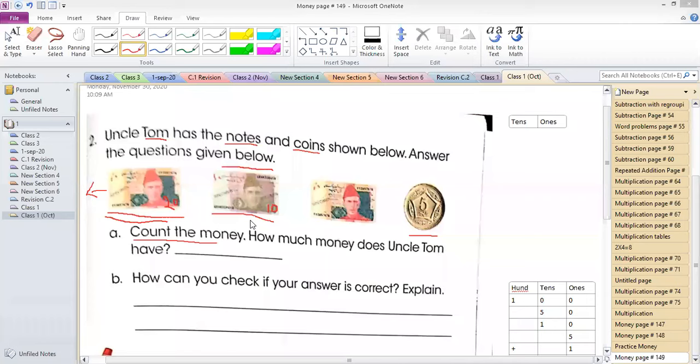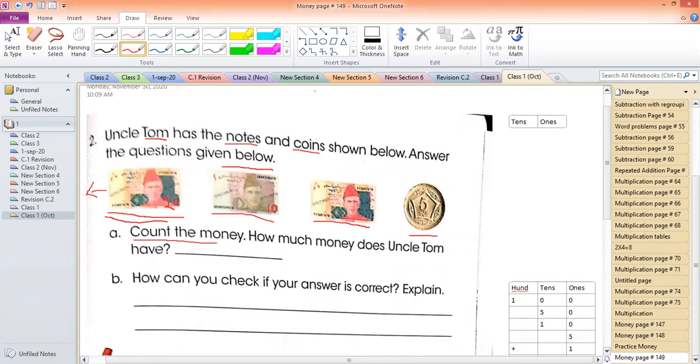Now, Ibrahim, can you hear me? Yes, sir. Ibrahim, can you tell me the value of this currency note? This one. What is the value of this currency note? 10? No, it is not 10. 20? 20.